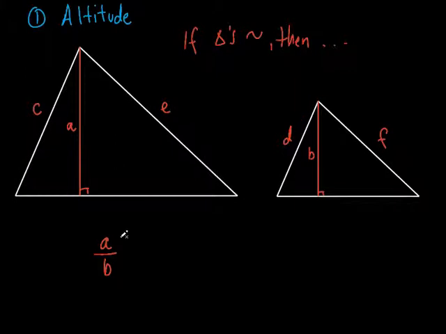What in the world does that mean? It means the altitudes and the corresponding sides are in proportion. So if I compared A to B, what do you think that would equal? Let's start with C right here. C to D, exactly. It's real simple. It looks pretty straightforward, don't you think? So if I compare A to B, that's going to equal C to D.